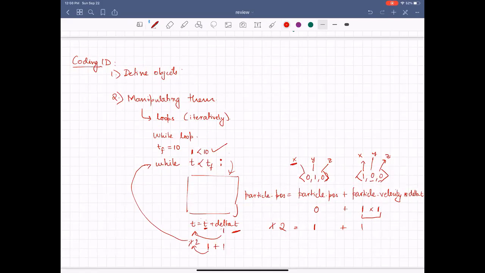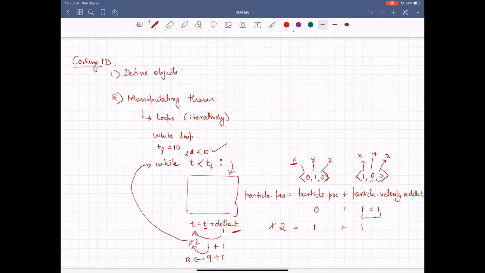It goes back up here and checks, is 2 less than 10? And it says, yes, it is. So therefore, let's continue doing this again. And this keeps happening until at some point you reach, say, t equal to 9, and so 9 plus 1 will give me 10.